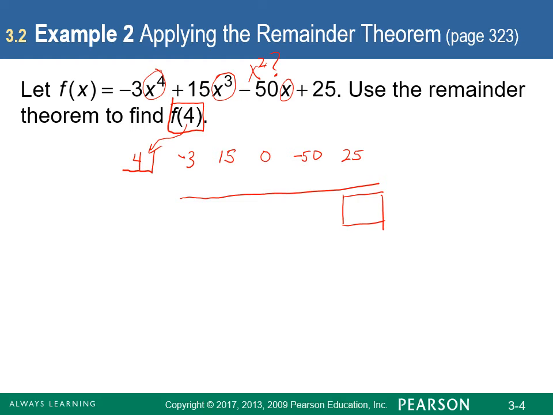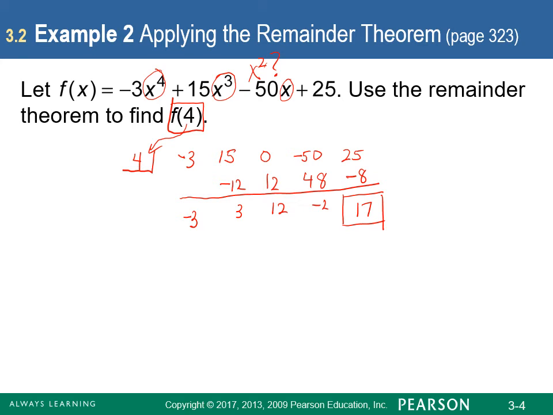So step 1, our first thing to do is add. Negative 3 plus nothing is negative 3. Multiply. 4 times negative 3 is negative 12. Add. Multiply. Add. Multiply. Add. Multiply. And add.